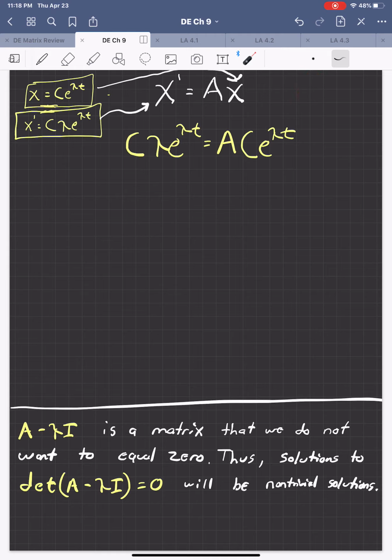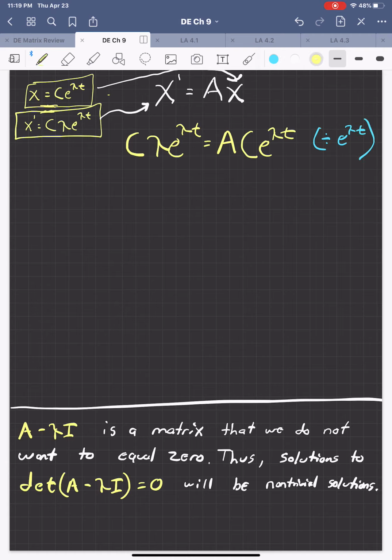Even if lambda t equals 0, e to the lambda t would still equal 1. So I'm going to divide by e to the lambda t. And now let me rewrite what we have at that point.